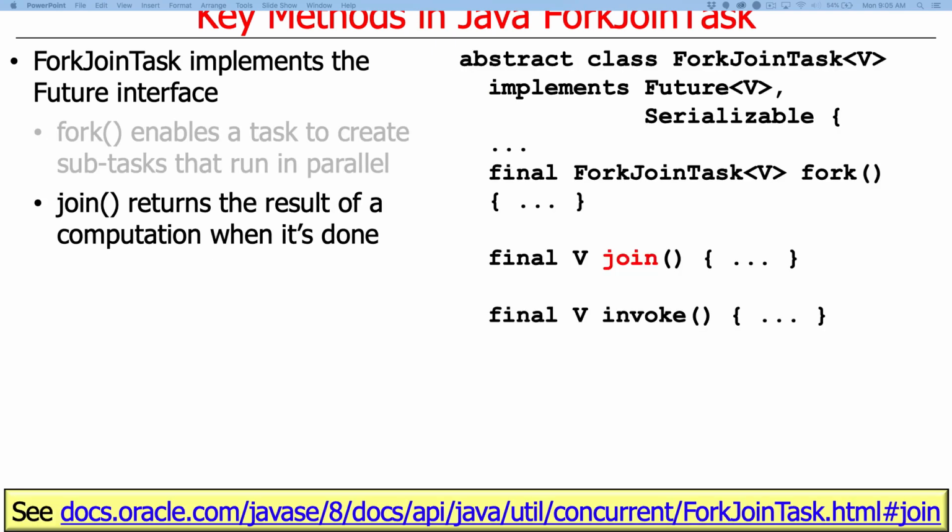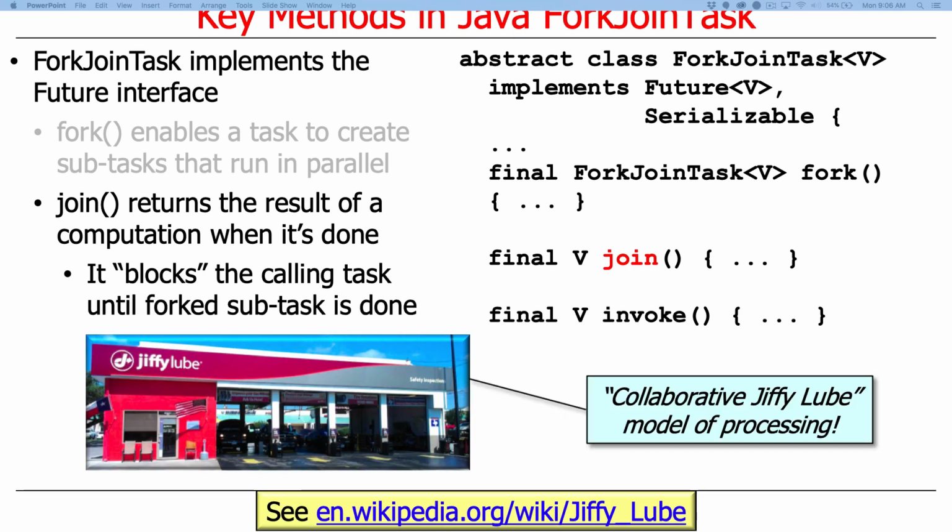Join is typically also called, and when it's called, it's going to do various things, but the main reason it's typically called is you want to get the result of a computation that you forked when that computation is done. So after we fork, then at some point we're going to join and get the result. So that's forking and joining. And the way to think about this is a little bit unusual.